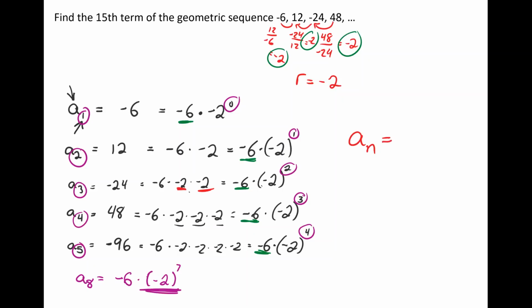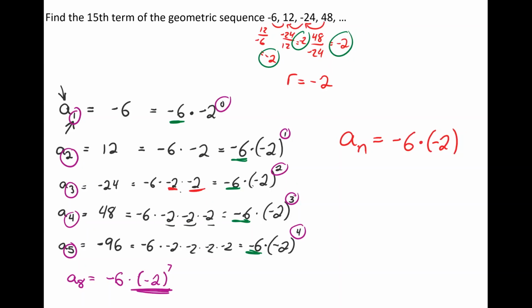Well, I know that I'm going to go negative 6 times negative 2 to the what power? Well, if I'm on the nth term, it's going to be one less than that, so it's the n minus 1 power. That rule right there allows us to find any term in my specific sequence up here.